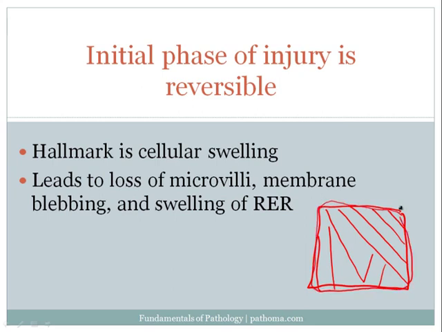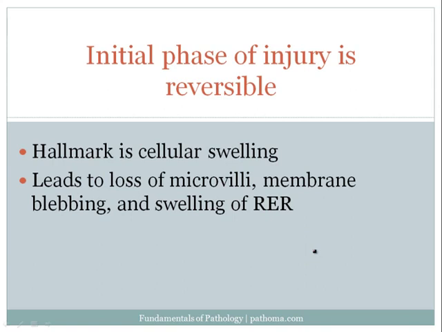Now, if there is excess water coming into the cell, then little blebs can form on the surface of the membrane as they pull away from the cytoskeleton, and that would be another sign of reversible injury. But again, what's the key principle? Cellular swelling. So that's the hallmark. That's why I say that if you just understand cellular swelling, everything else is a consequence of that.